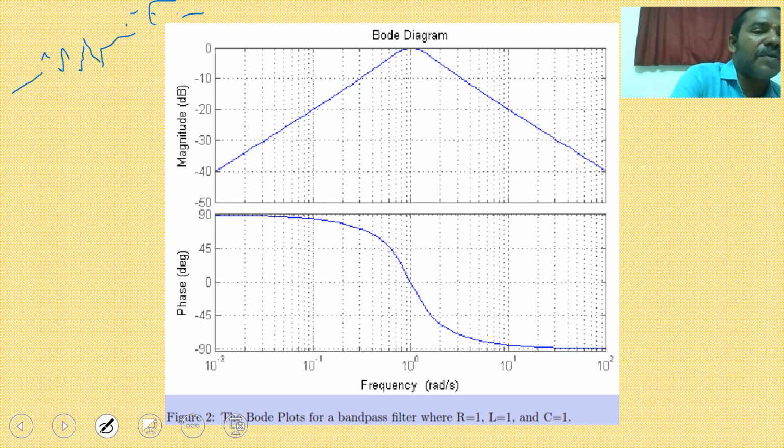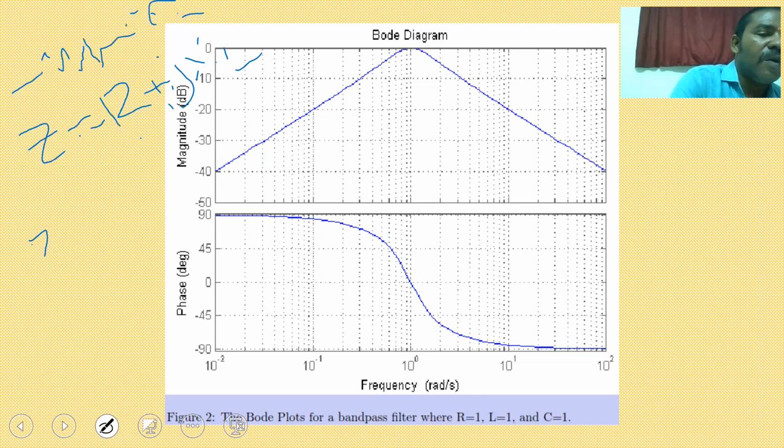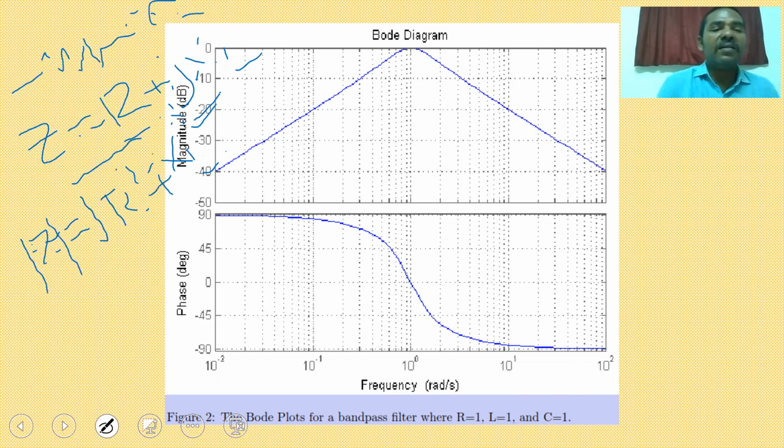The impedance can be represented as R plus jXL. So what is the magnitude? Magnitude is equal to root of R square plus XL square.